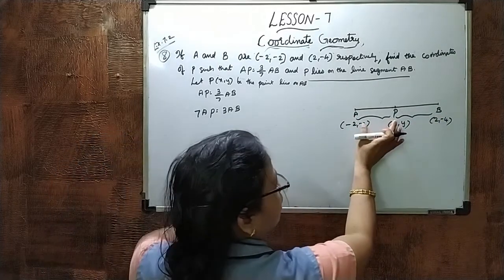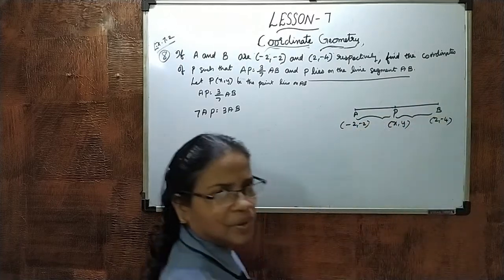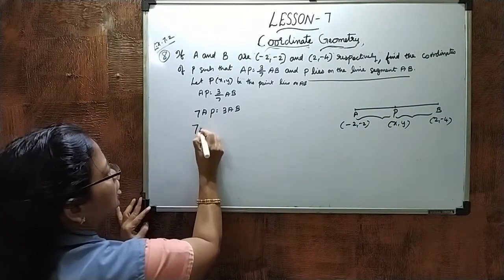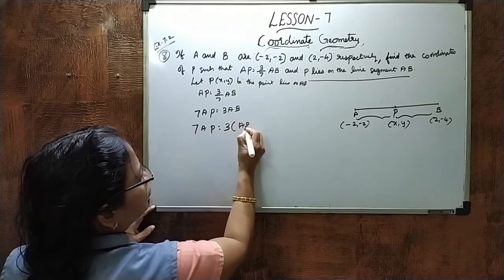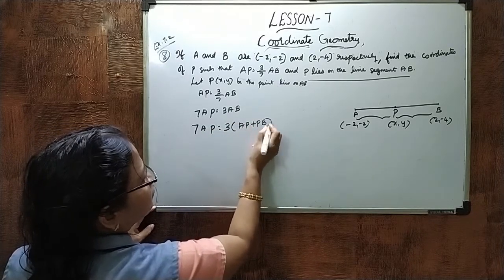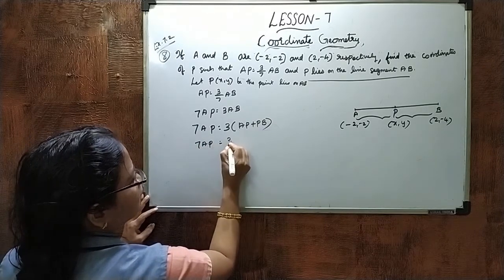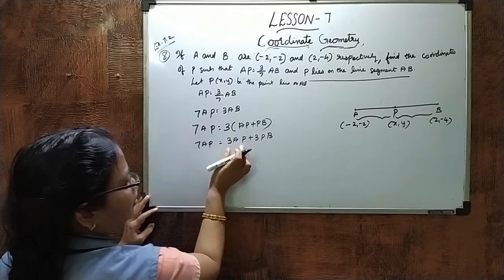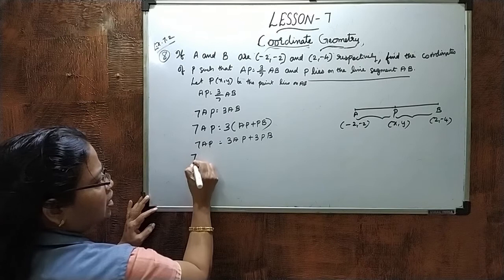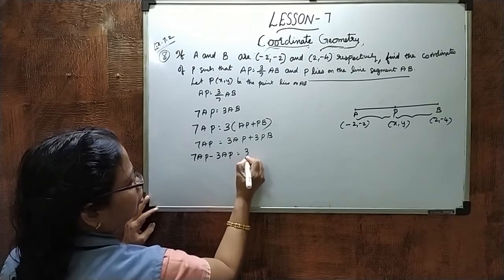So there we will substitute: 7 AP equals 3 into AP plus PB. Now just expand. 7 AP equals 3 AP plus 3 PB. 3 AP is taken to this side. 7 AP minus 3 AP equals 3 PB.